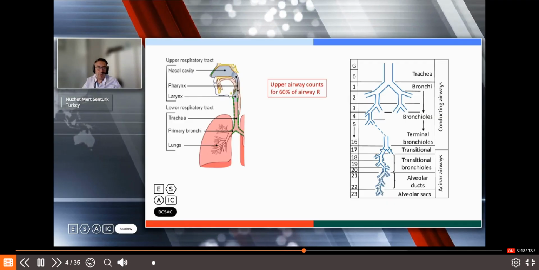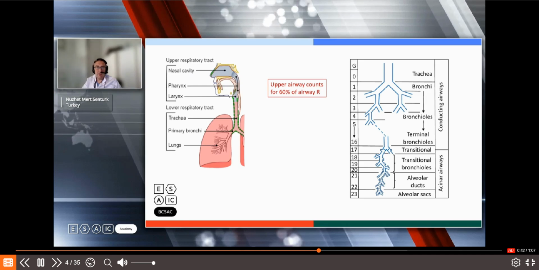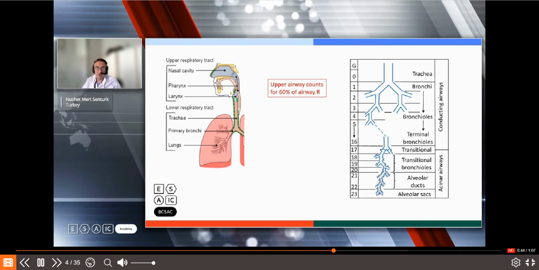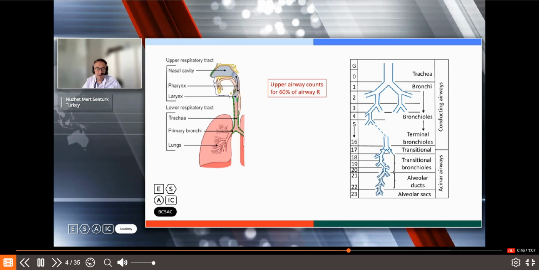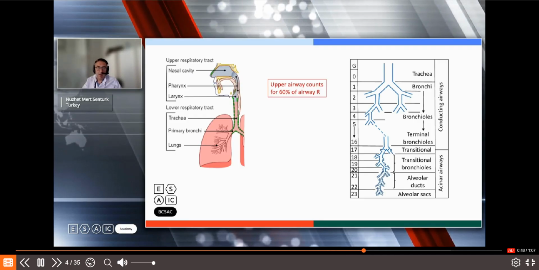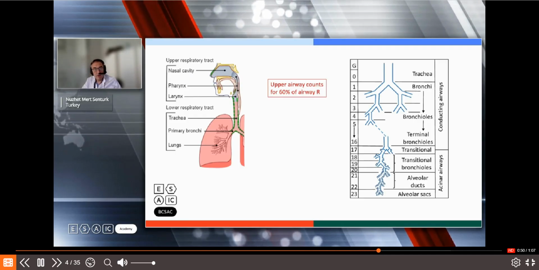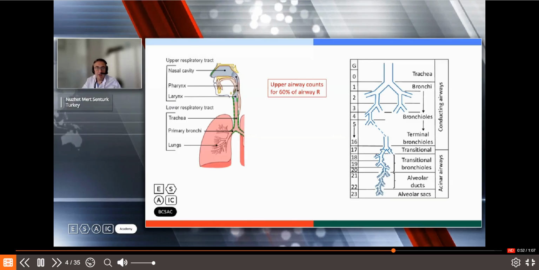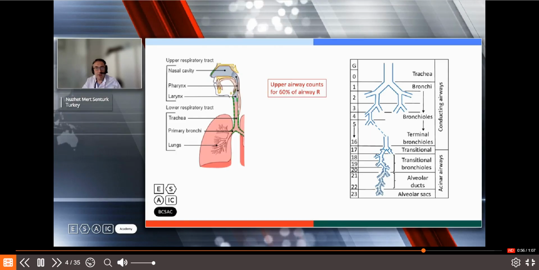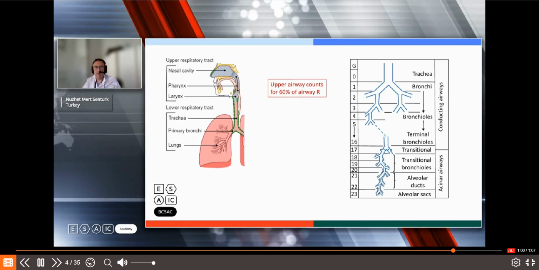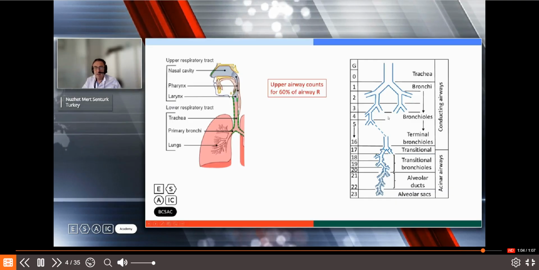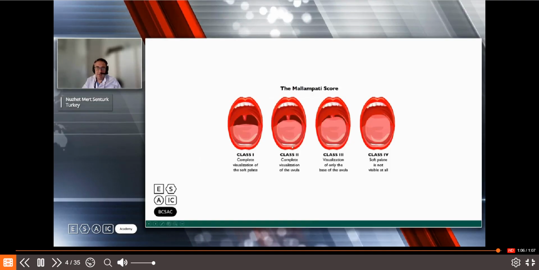Therefore, mechanical ventilation instead of mask ventilation is associated with a decreased airway resistance. Moreover, a tracheotomy or tracheostomy is also associated with less airway resistance compared to endotracheal intubation.